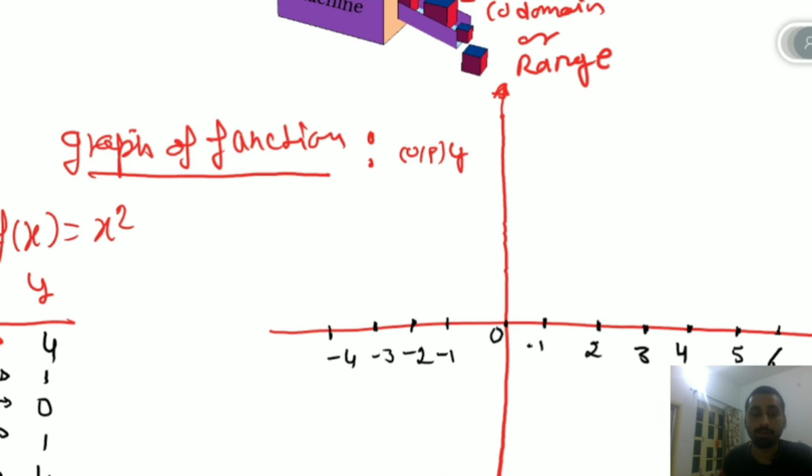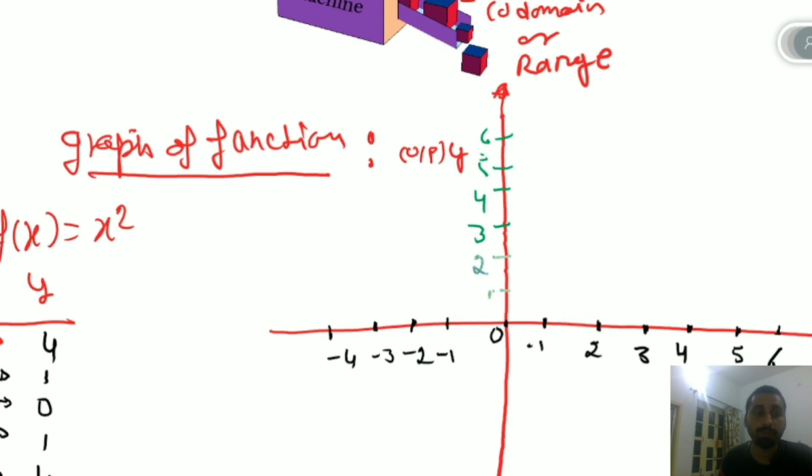And for the output value we consider the y-axis: this is 1, 2, 3, 4, 5 and so on, 6.